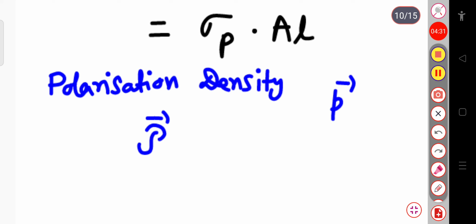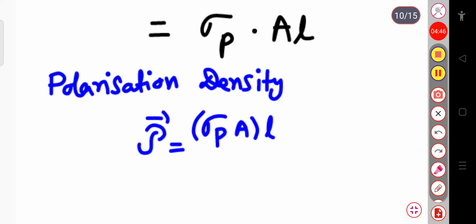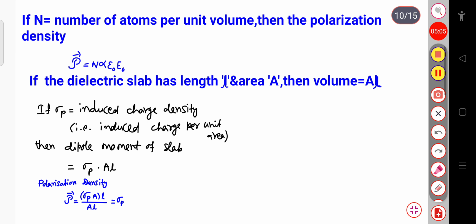The polarization density P is equal to sigma P A L divided by A L, that is the induced dipole moment developed per unit volume. The volume is A L, so per unit volume I divide by A L, so A L gets cancelled. This will finally be sigma P. This is the polarization density.